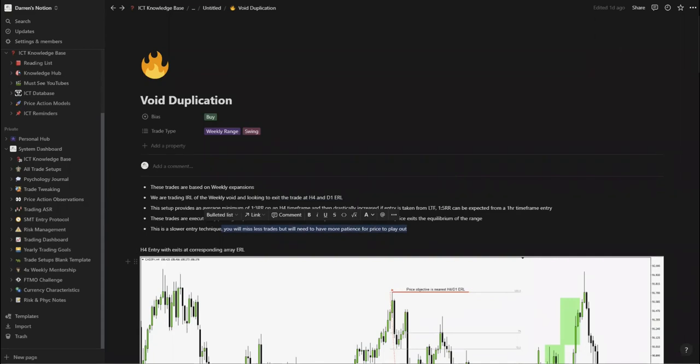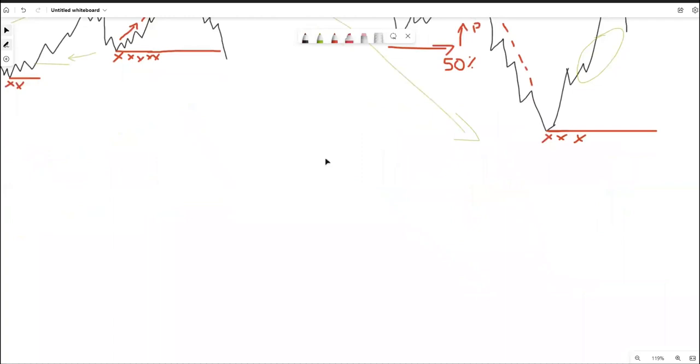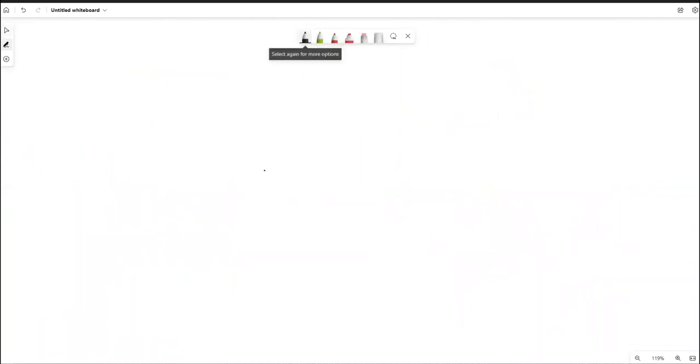Okay, so let me just quickly draw it out for you. It's pretty simple stuff. Again, nothing substantial. So let's look at it from this perspective over here. Obviously price would have had to have shown us some kind of bias on a weekly, right? And slowly but surely price moves away from a specific area.